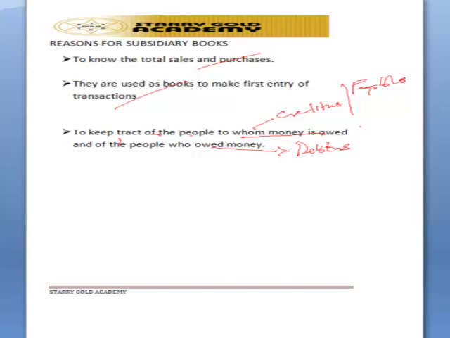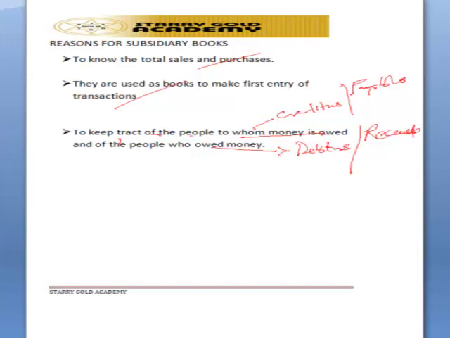Usually you call them debtors, but with IFRS we call them receivables. We want to know our receivables, those who owe the company, and those whom the company is owing, which are called the payables. So these are the 3 major reasons for the subsidiary books of account.